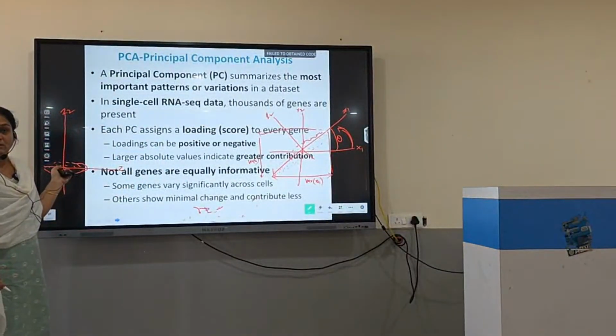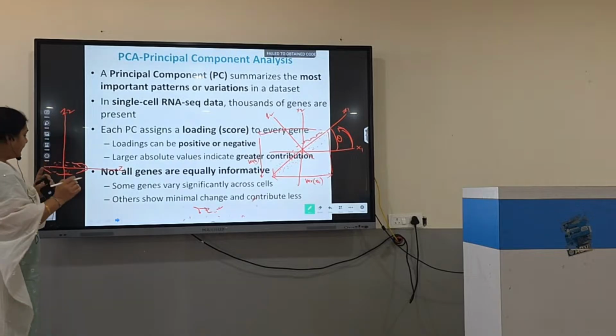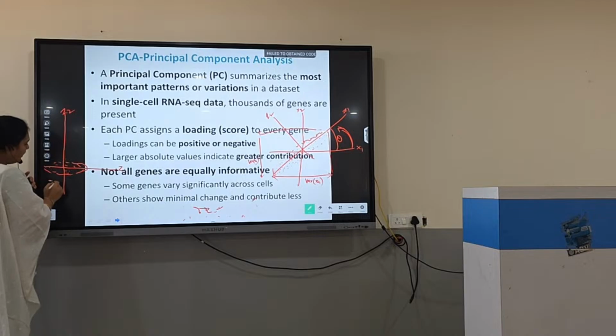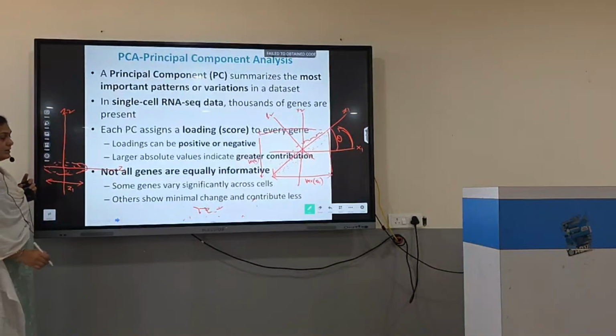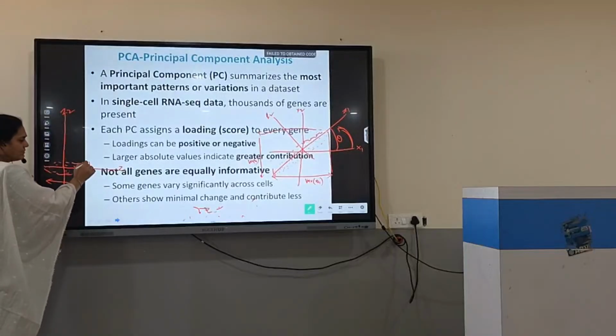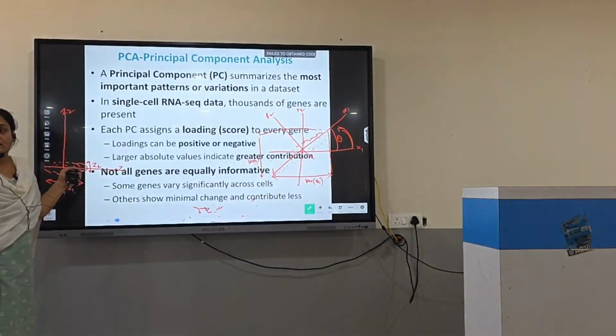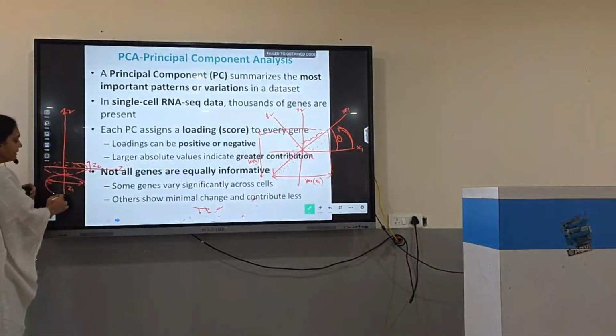Following? Understanding? Now what is the variation in Z1? This is my variation in Z1. And what is the variation in Z2? It has become very small, very negligible. You can even neglect this, and all your information can be represented using Z1.